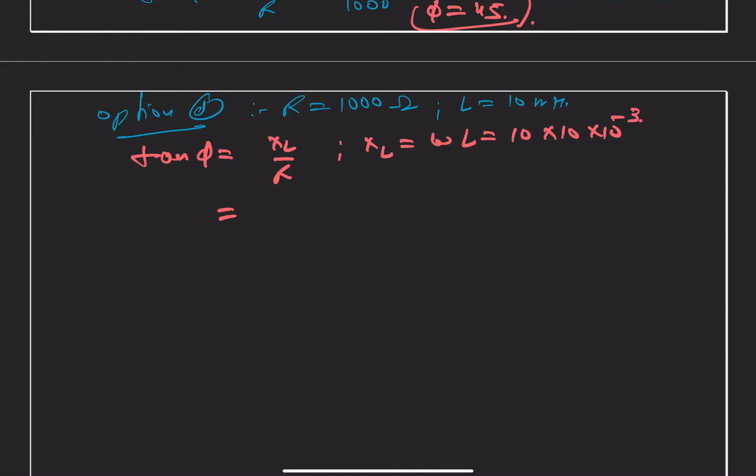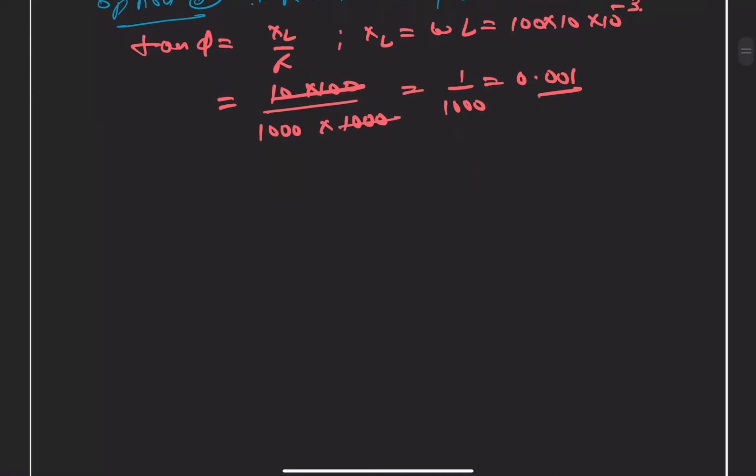Sorry, here omega is 100, my mistake. This cancels out, so it becomes 1 upon 1000, or 0.001, and this gives us that phi is approximately equal to 0.057.